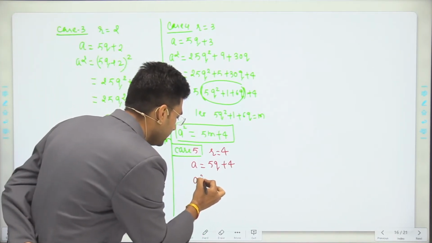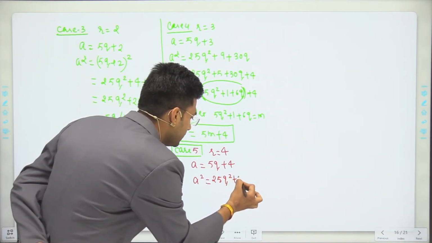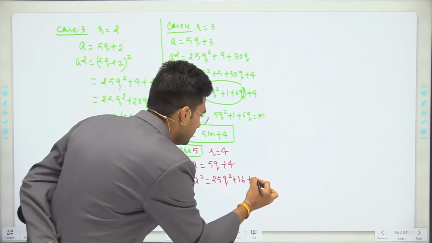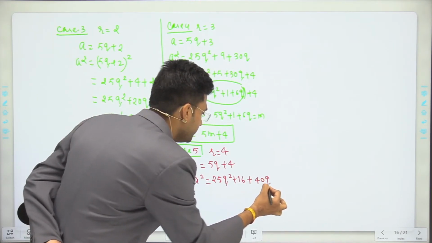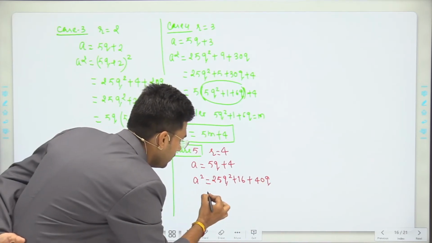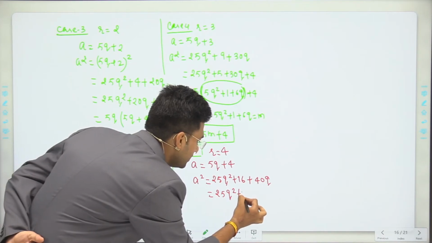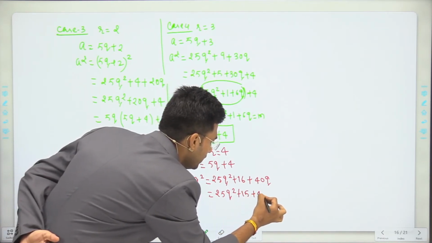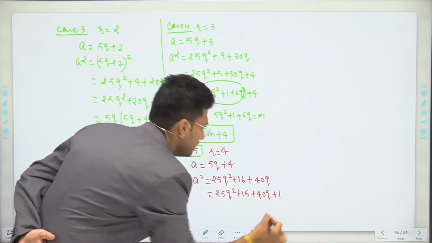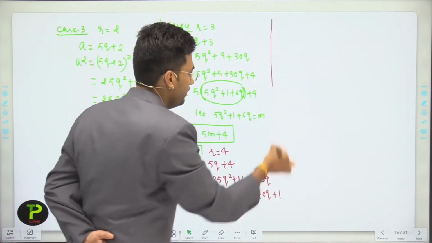So a square is equal to 25q square plus 16 plus 40q. Clear? Now we can write it as 25q square plus 15 plus 40q plus 1. And when we take 5 as a common, what will we get?